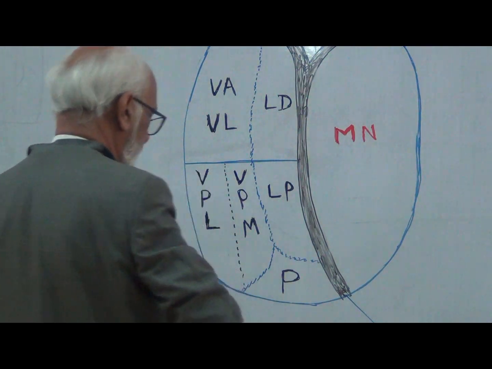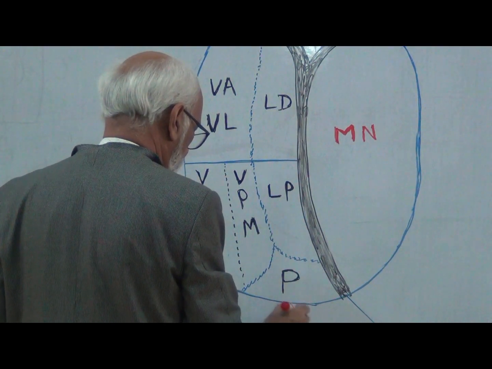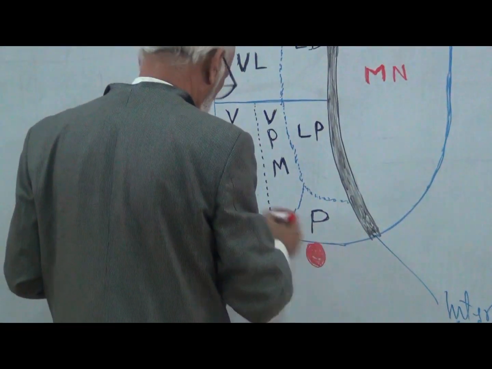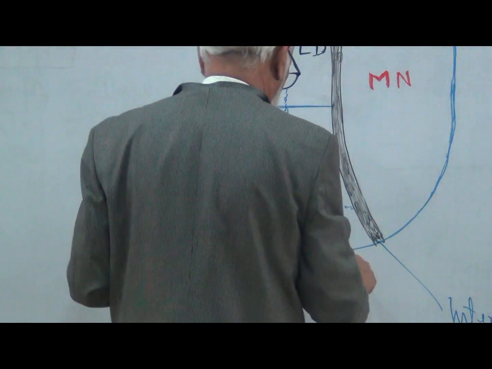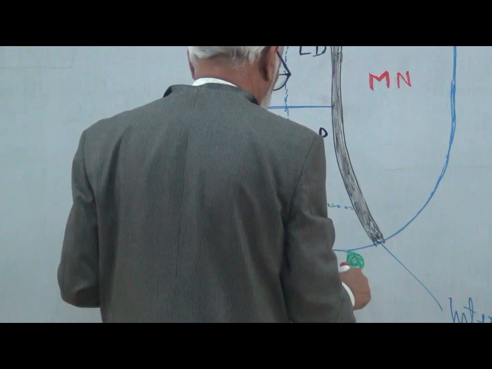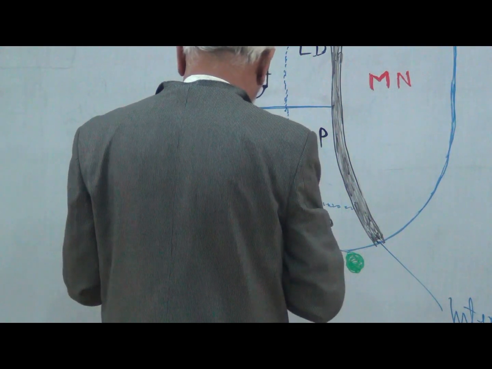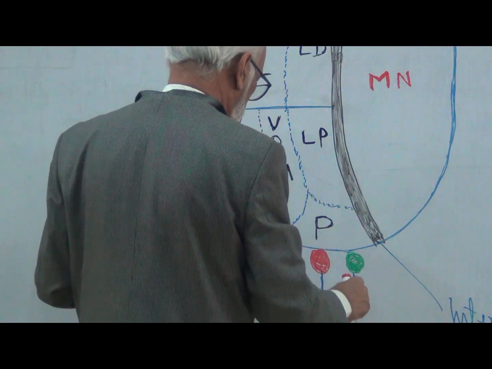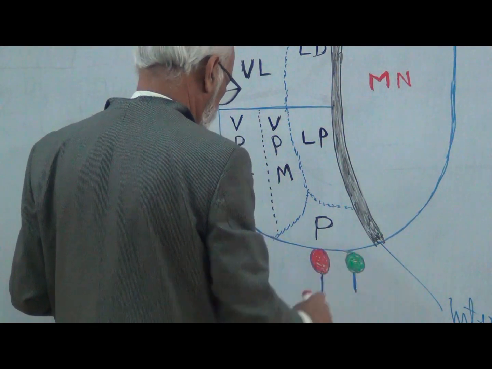And on the inferior surface of the pulvinar there is the lateral geniculate body and the medial geniculate body, attached to the inferior surface of the posterior end, that is the pulvinar. The lateral and medial geniculate bodies are collectively known as the metathalamus.